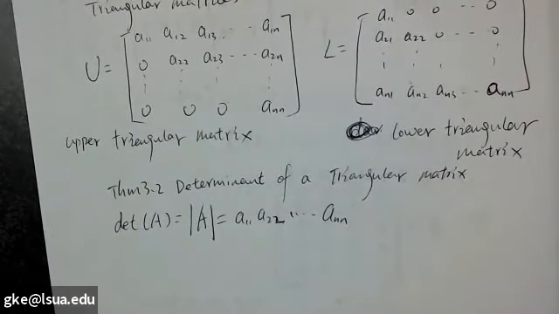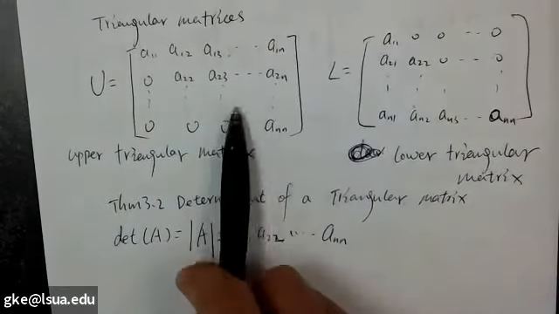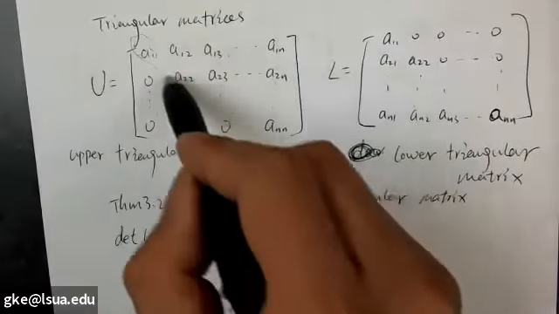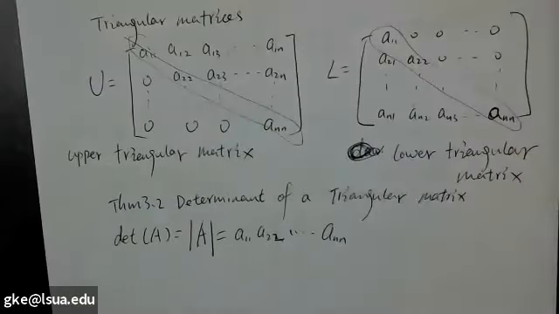If we want to calculate the determinant of triangular matrices, we just multiply the diagonal elements together. That's it. Very, very straightforward.